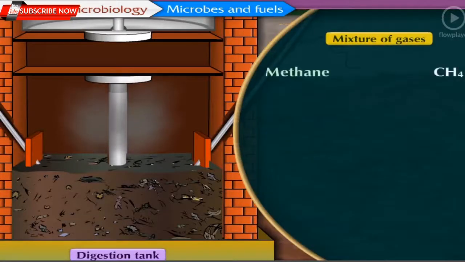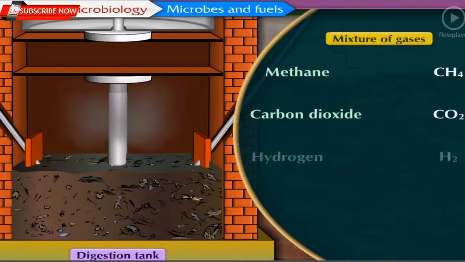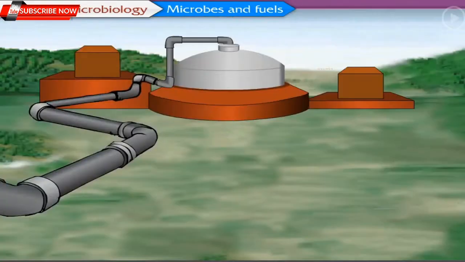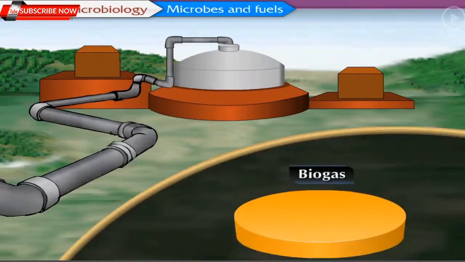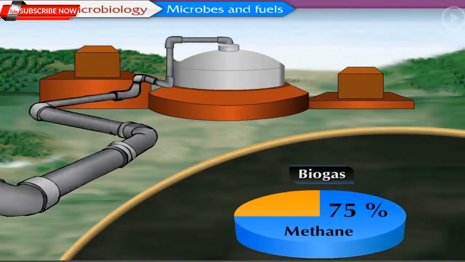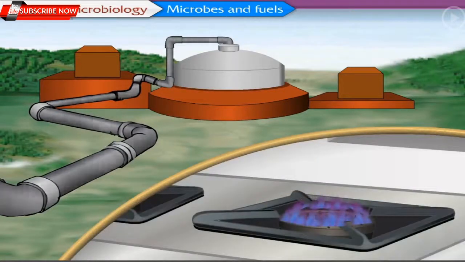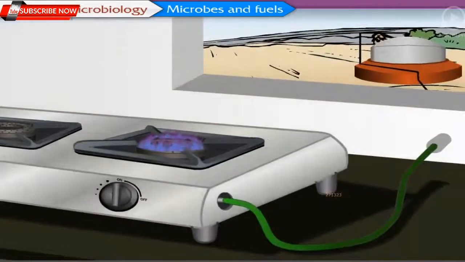Gases like methane, carbon dioxide, hydrogen, and hydrogen sulfide are generated after the decomposition process is completed. This biogas is then stored in the gas tank from which it is drawn through pipes for use. Biogas contains up to 75% methane. Hence, it is an excellent fuel. It is a cheap fuel option and meets the demand for cooking gas.